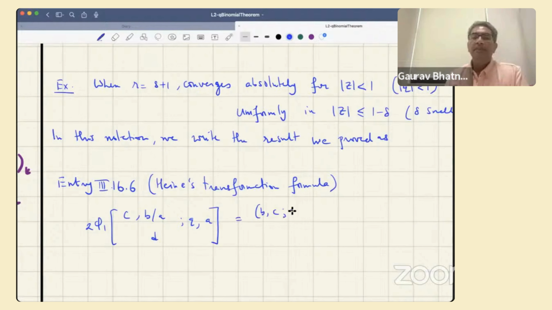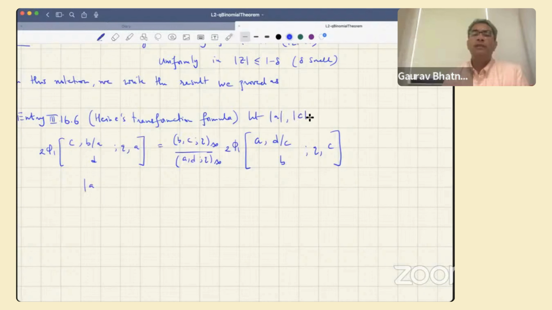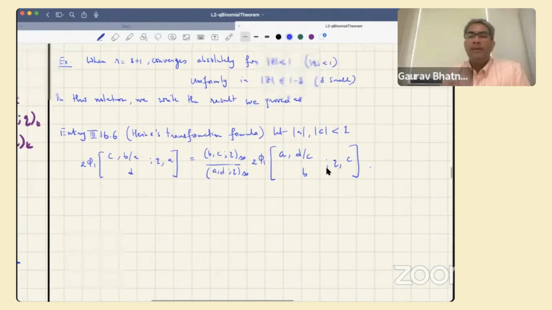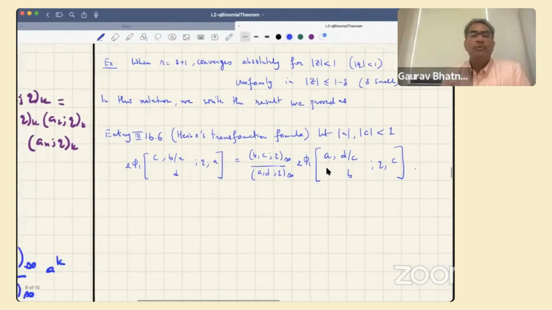And here, let absolute value of a and absolute value of c be less than 1. Right, so it's quite symmetric. And this is Heine's transformation formula.